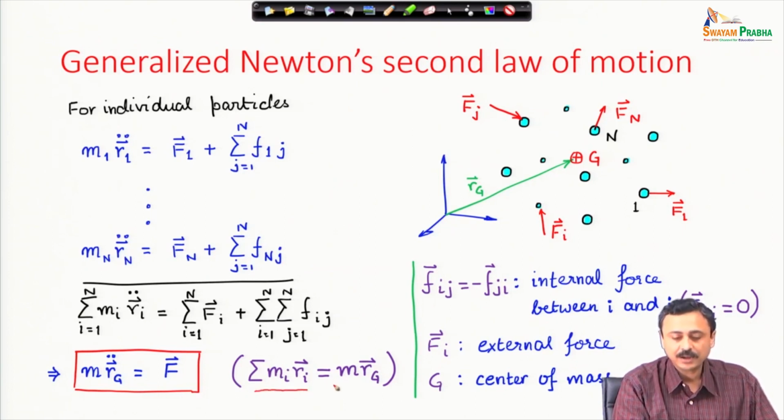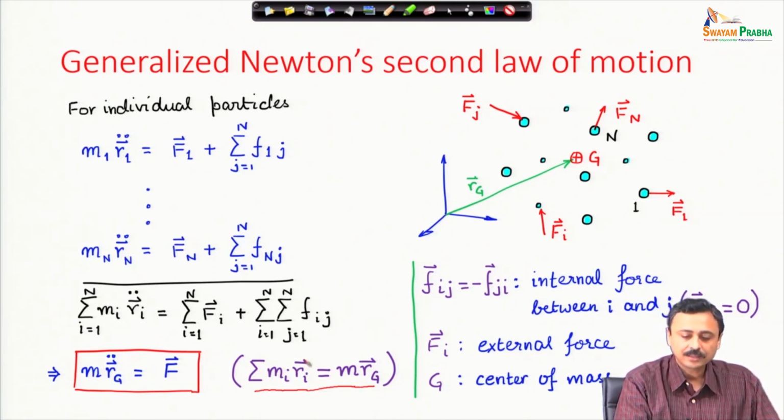Summation of m_i r_i must be equal to the total mass times position vector of center of mass. This is the standard definition of center of mass. This has been used. Therefore, here I can take time derivatives. I can take one time derivative, I can take two time derivatives.